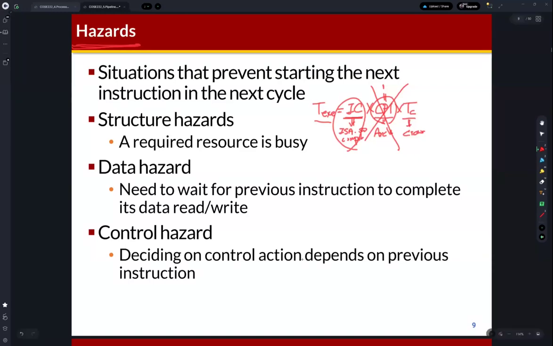The hazard. You need to understand the definition of a hazard. So what is a hazard in the real world? Imagine a flat ground with a hole in it.